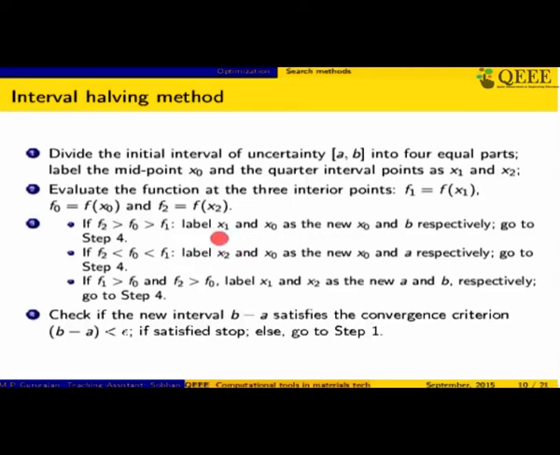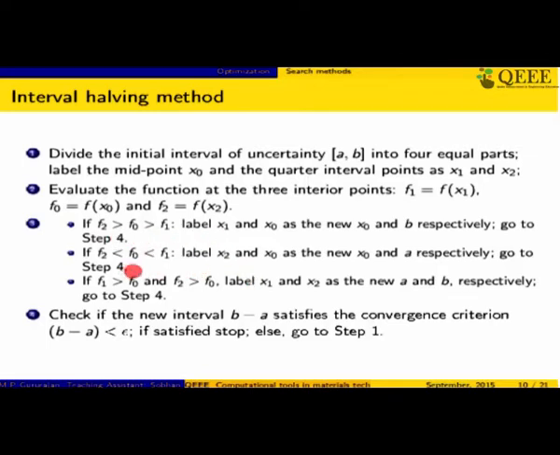So we label x1 and x0 as the new x0 and b. Halfway through, (a plus b) by 2 to b is where the minimum is going to be, so we discard the interval between a and (a plus b) by 2, because the function is trying to become smaller towards the other way.